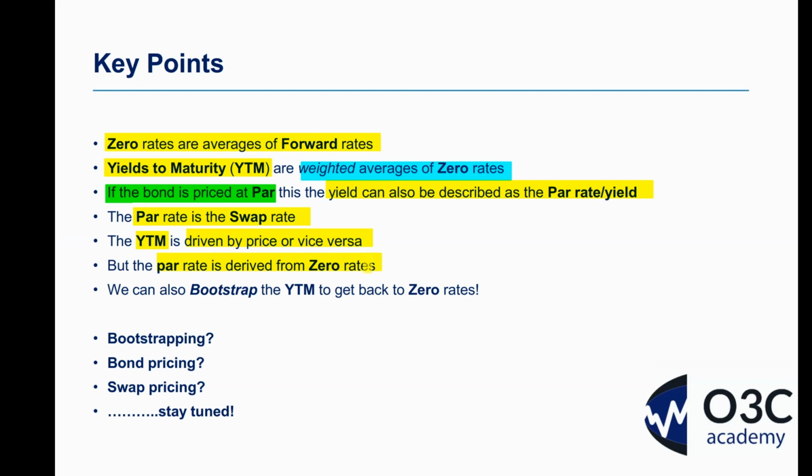But remember, some of these rates are not fully observable, but we've now just proved that we could take something that is observable and from that work it backwards to find these other rates that we need. It's known as bootstrapping. We bootstrap. And what we were aiming at with this particular application was the ability to bootstrap that yield to maturity that we calculated and take it back to zeros.